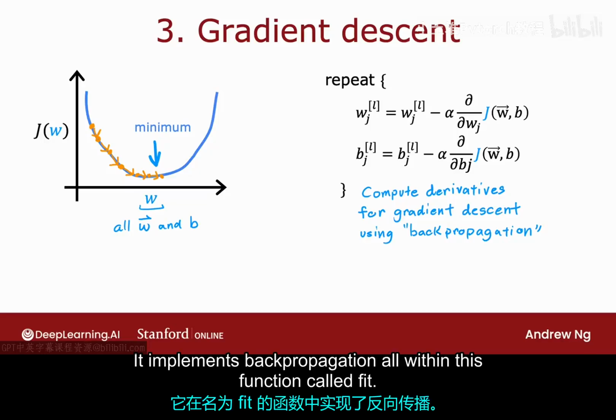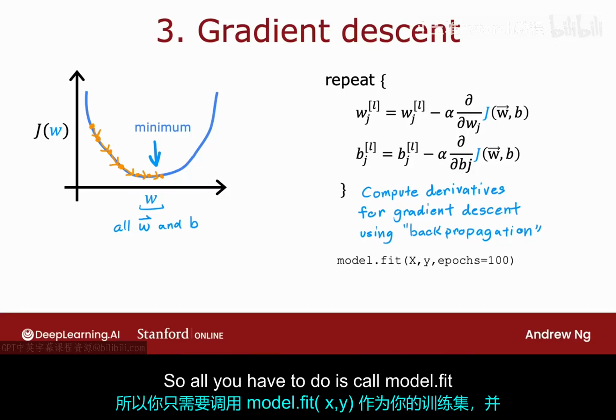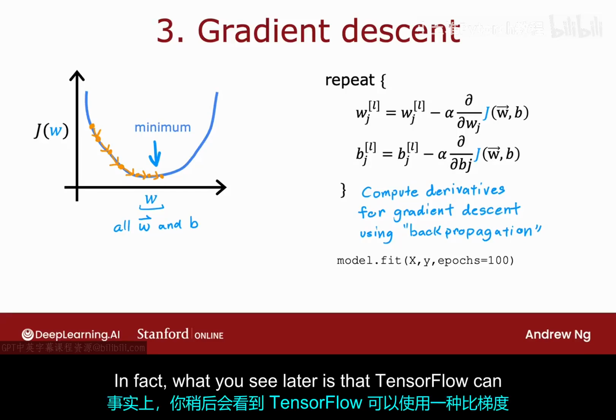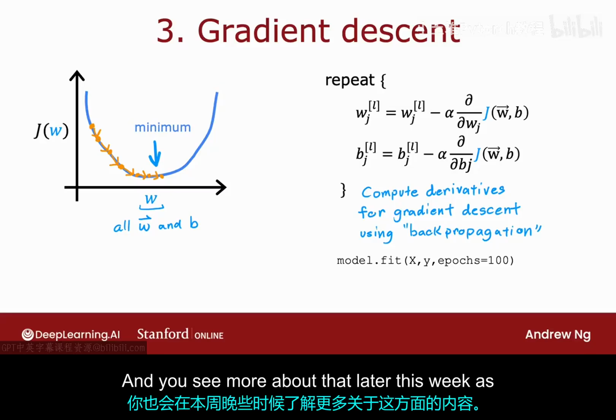It implements backpropagation all within this function called fit. So all you have to do is call model.fit X,Y, that's your training set, and tell it to do so for 100 iterations or 100 epochs. In fact, what you see later is that TensorFlow can use an algorithm that is even a little bit faster than gradient descent, and you see more about that later this week as well.